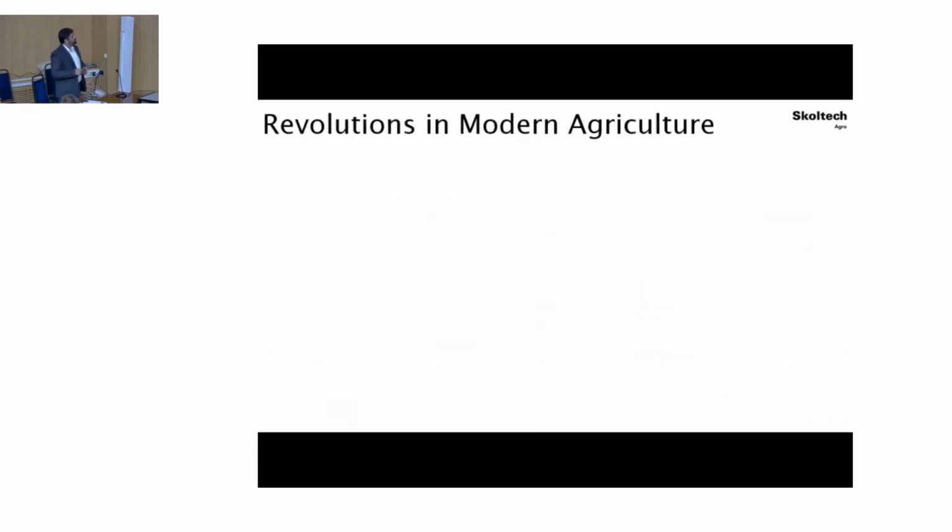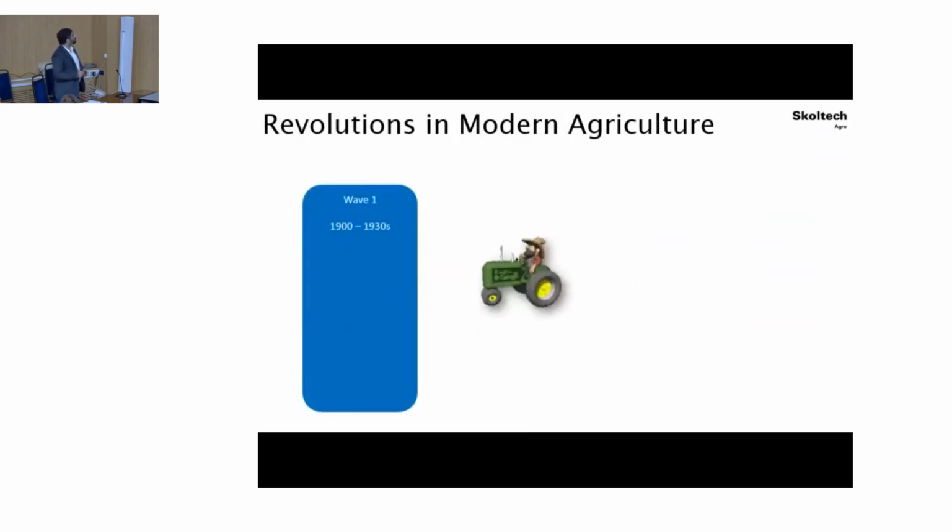So if you look at modern agriculture, there have been three major revolutions. The initial one was in the early 1900s with mechanization. We got the tractors, we got the tillers. We did not need that many people to work on the farms anymore. It was faster, more efficient.